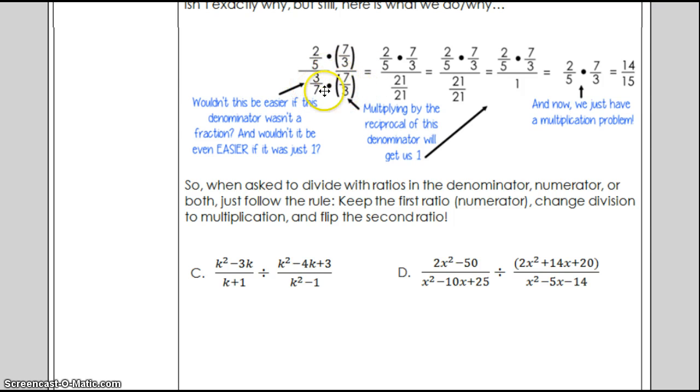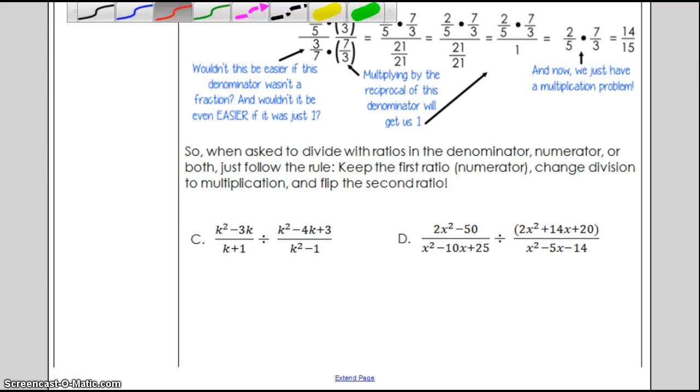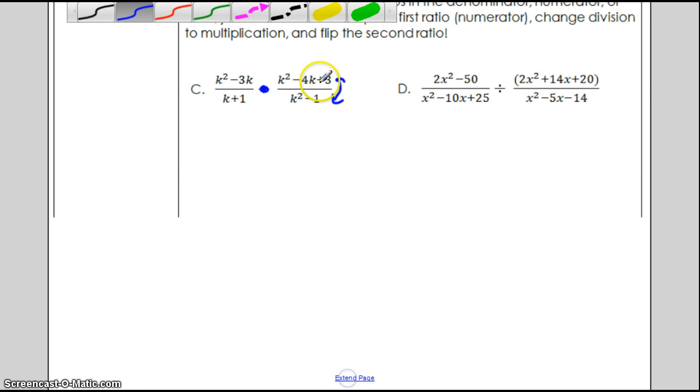That ends up getting rid of what's in the denominator spot, and we end up just multiplying by its reciprocal and skipping all that denominator stuff. It's kind of like rationalizing, but really it just makes it easier. You're just going to change this to multiplication, and then flip your second fraction. So it is k squared minus 3k over k plus 1 times k squared minus 1 over k squared minus 4k plus 3.